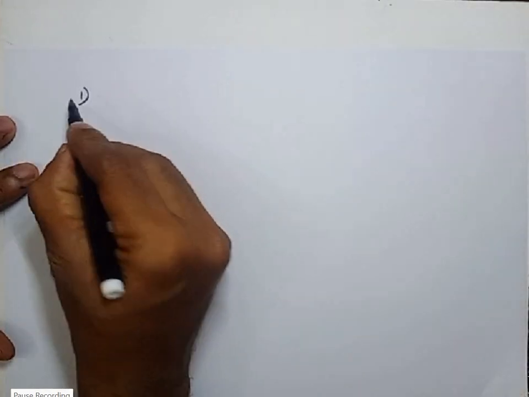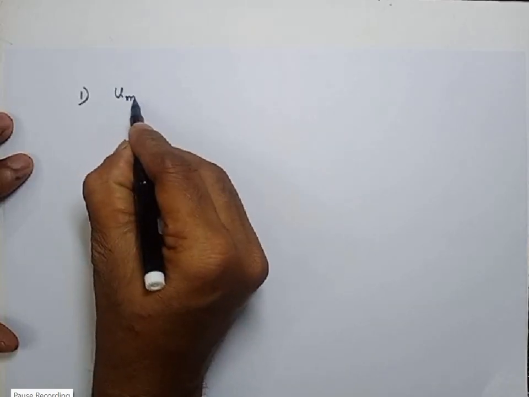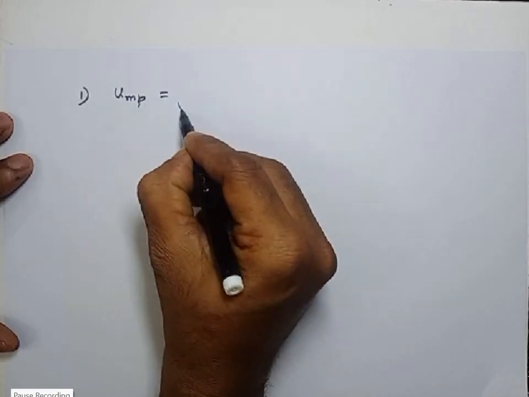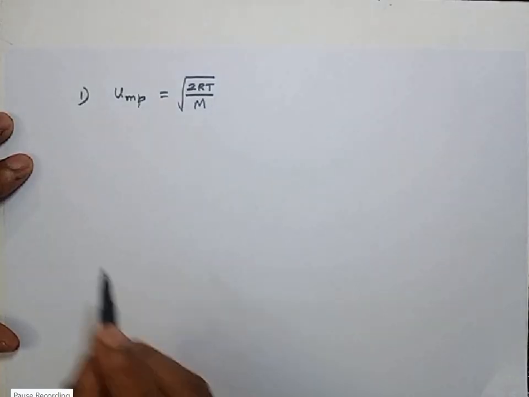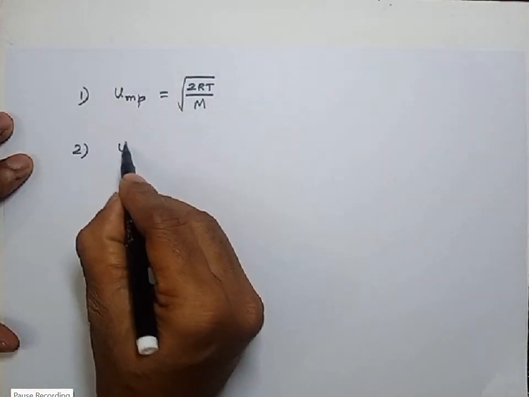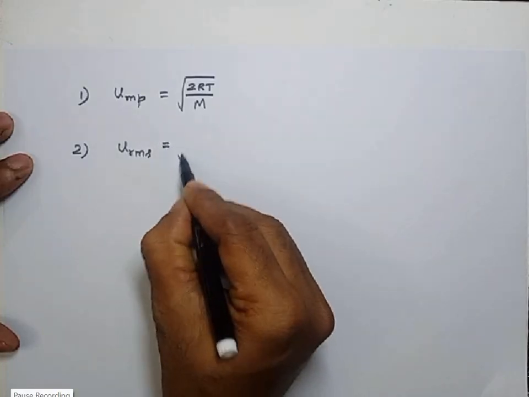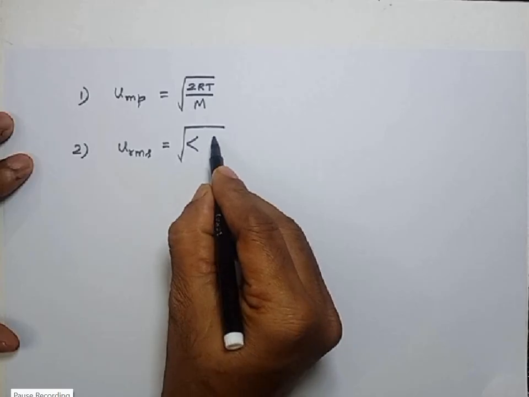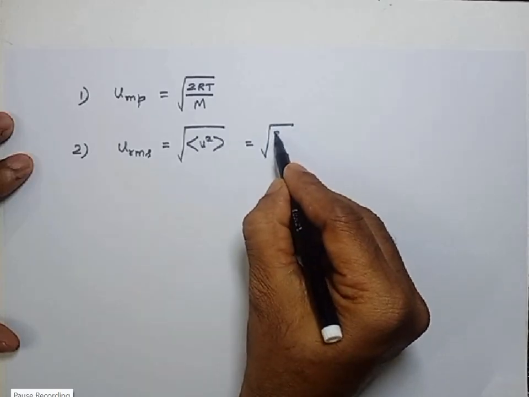We have derived a few formulas. Listen, most probable velocity is equal to square root of 2RT by m. Number 2, URMS, root mean square velocity, is equal to square root of average of the square velocity, which is nothing but square root of 3RT by m.